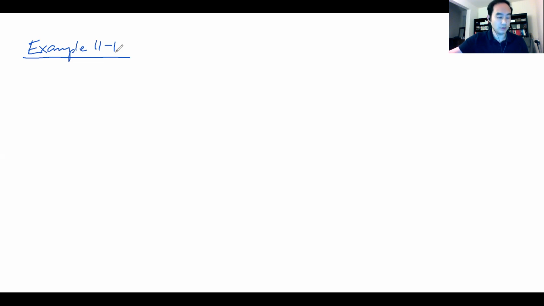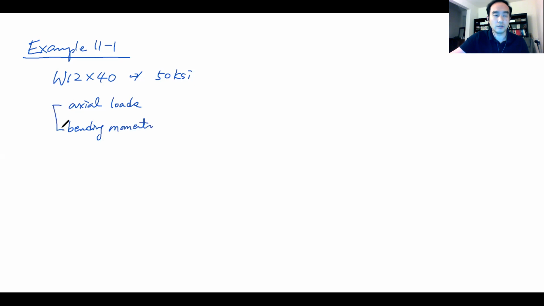So there are a couple conditions here. First of all, we do know the section, which is W12x40 with 50 KSI steel, okay? And there are two different types of load. One is axial load. The other one is bending moment. Okay, so this is combined loading, right?